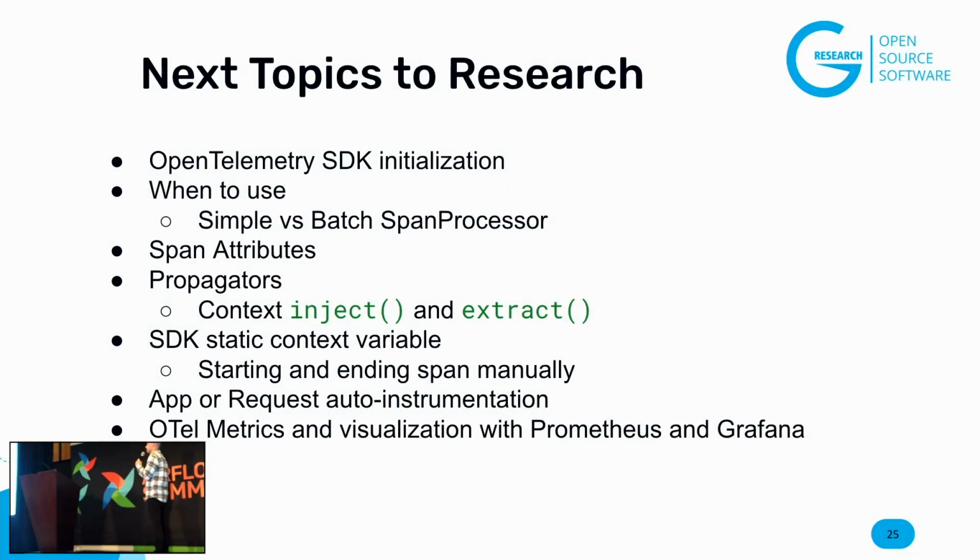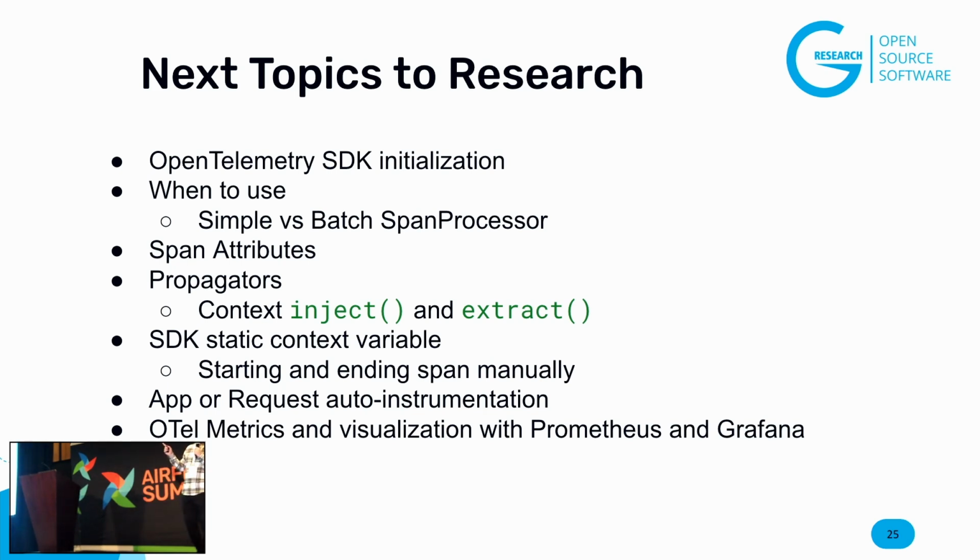So here I've added some next topics to research for anyone interested in order to find out more about how you can create your own spans. The first one, OpenTelemetry SDK initialization: how you can initialize an SDK after you've added it as a dependency into your project. When to use a simple and batch span processor and what's the difference between these two.